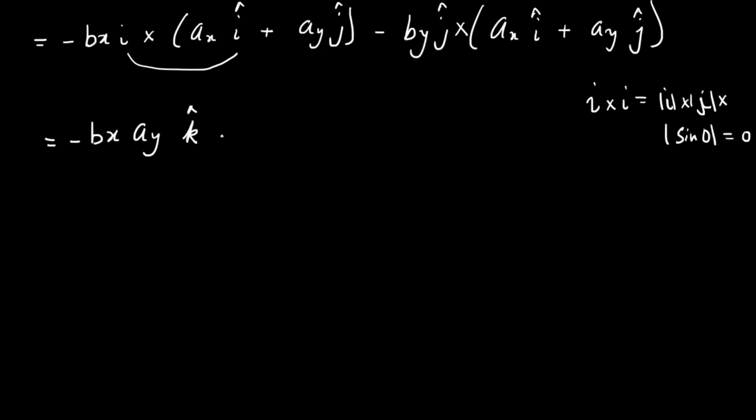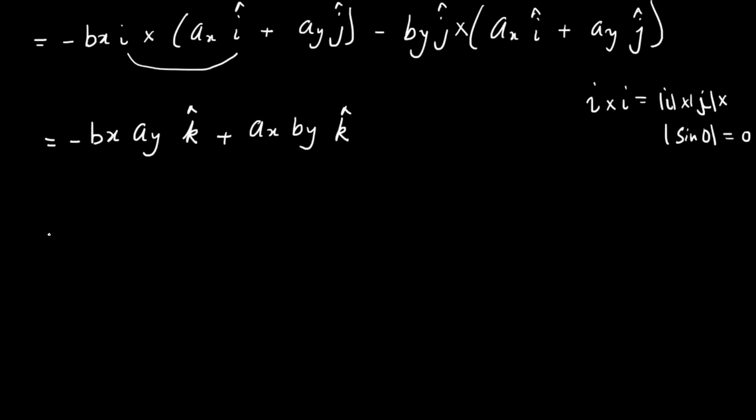Then we have j cross i is minus k, and therefore this will be plus AX BY k, and then j cross j, you can forget about it. j cross j is 0.